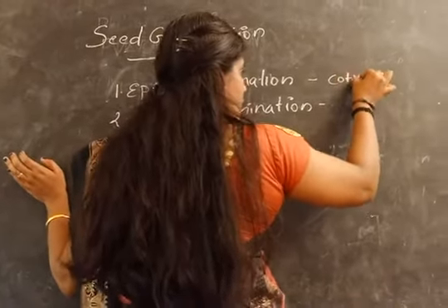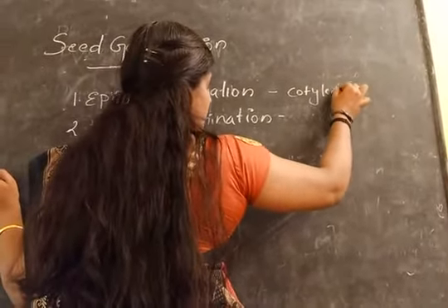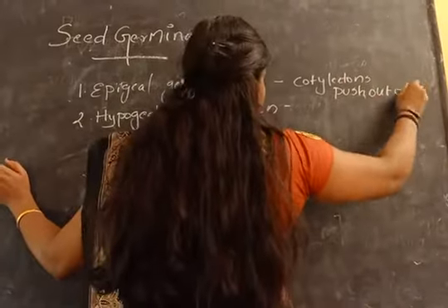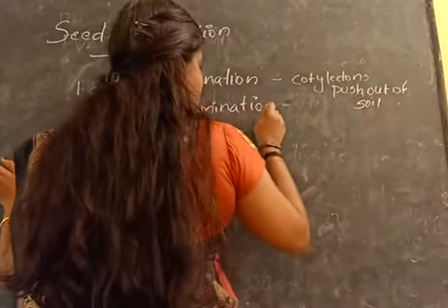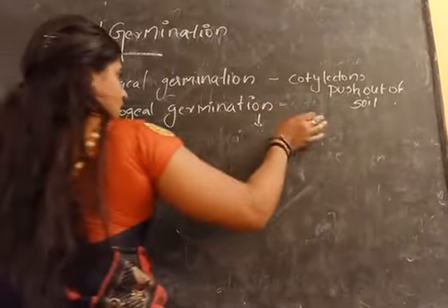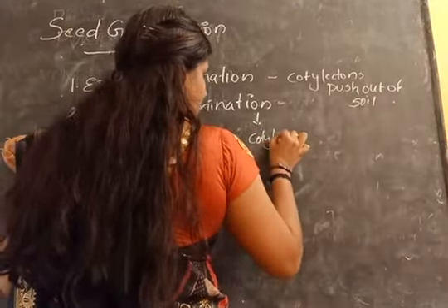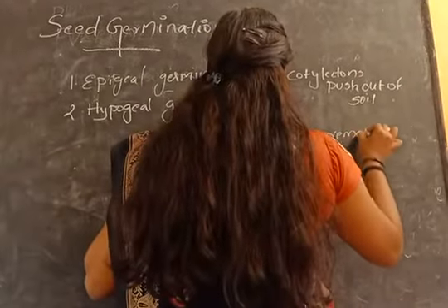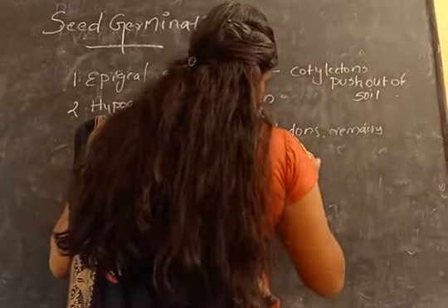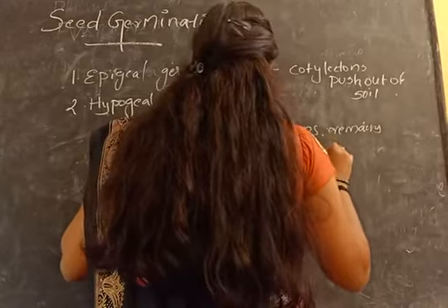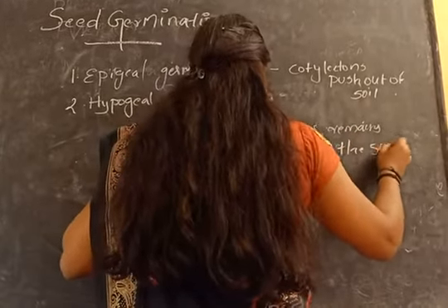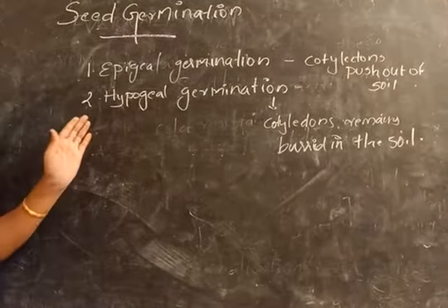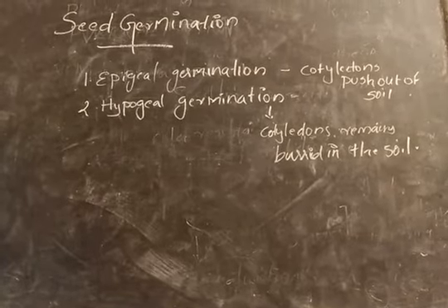So epigeal germination means the cotyledons push out of the soil, whereas hypogeal germination means cotyledons remain buried in the soil.